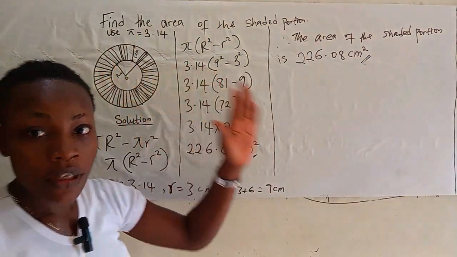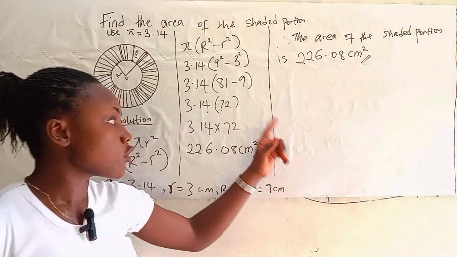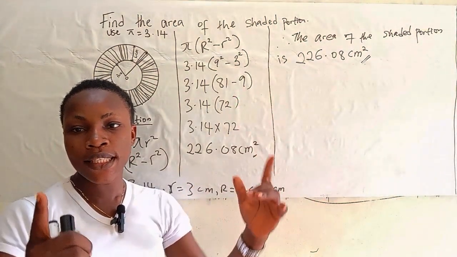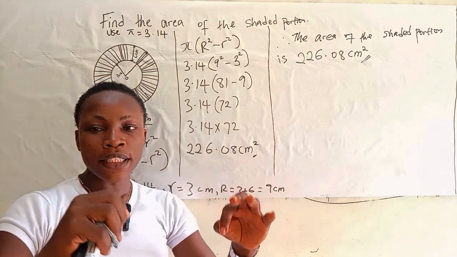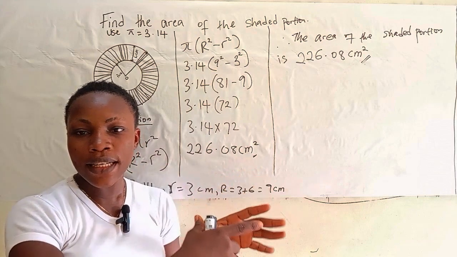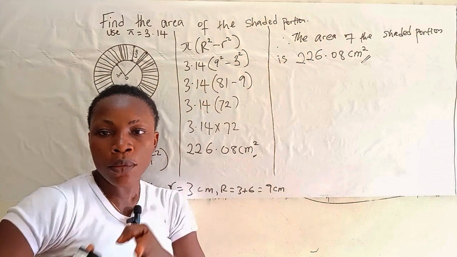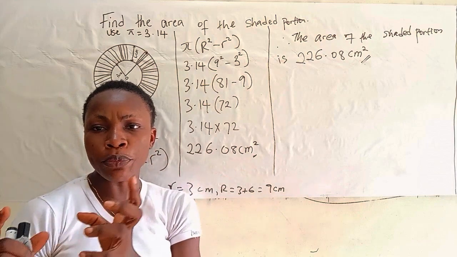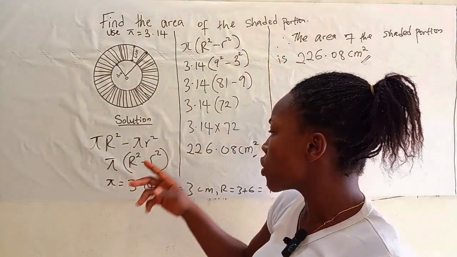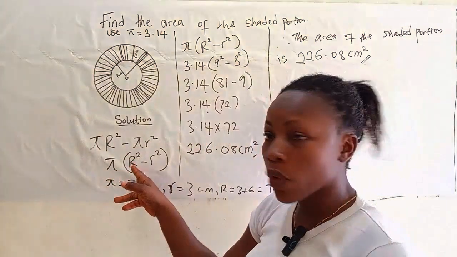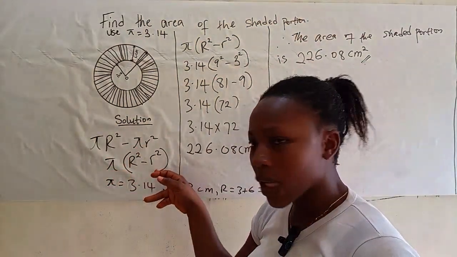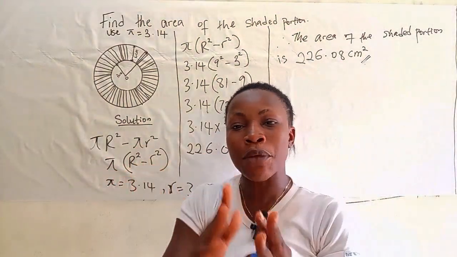Remember I said for you to find it, you have to find the area of the bigger circle, then find the area of the smaller circle, then subtract the area of the smaller circle from the area of the bigger circle. If you cannot remember this formula, or cannot solve it with this formula, just solve it separately.